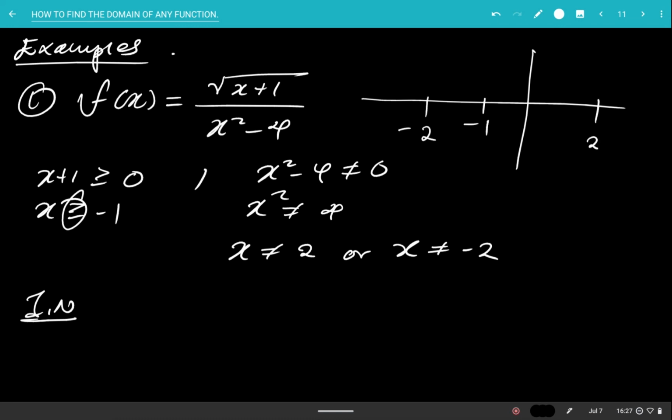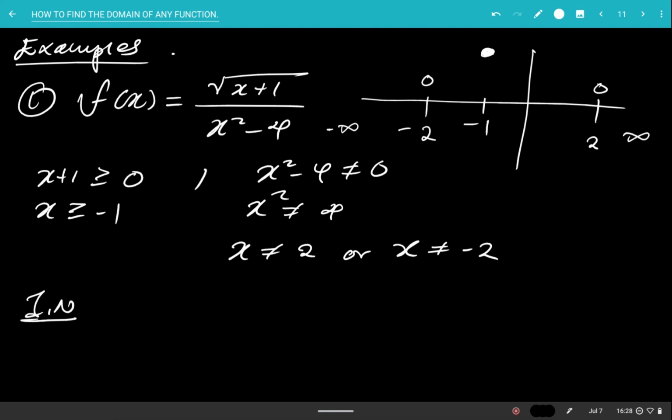It's including minus 1, so here it's including. But it should not be 2 or minus 2, so it's not including these two values. So I have minus infinity to positive infinity.